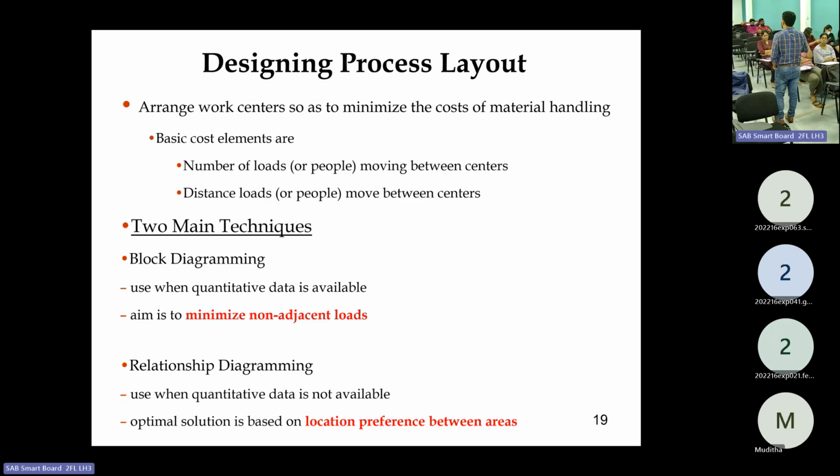Often do we have it? Sometimes. In such a case, we'll have to move to the second technique. We call it relationship diagramming. We'll come back to that after attending to the first technique.